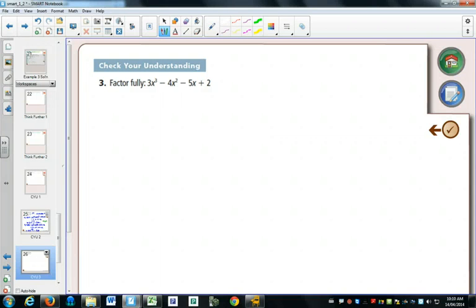When we do this one off to the side. So here's our steps. Number one, we're going to use the factor theorem.